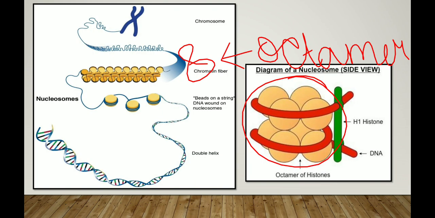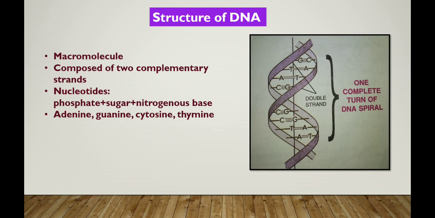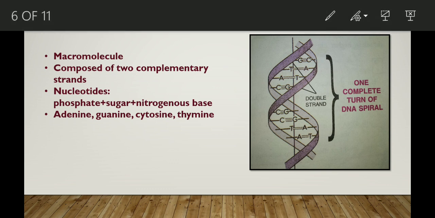Clear? Now come to the structure of DNA, another constituent of the chromatin material. DNA is about 40% of the chromatin fiber. It is a large molecule, that's why it is known as a macromolecule. DNA consists of 2 complementary strands, 1 and 2. Each single DNA strand is composed of repeating nucleotides.